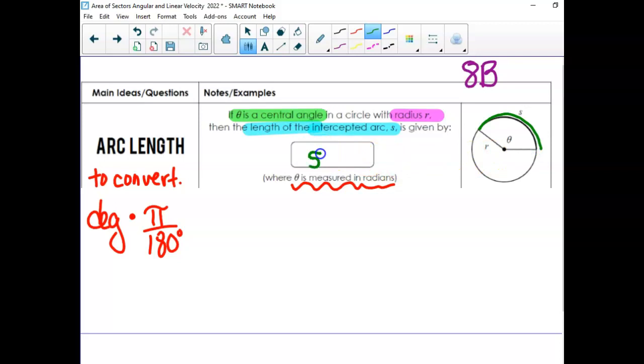And the formula when you're in radians is just S equals R times theta. We had a formula in geometry for arc length, but we literally used degrees and circumference to find it. Everybody got that? We're just going to do two practices here.